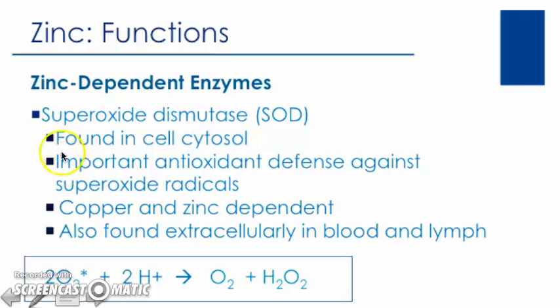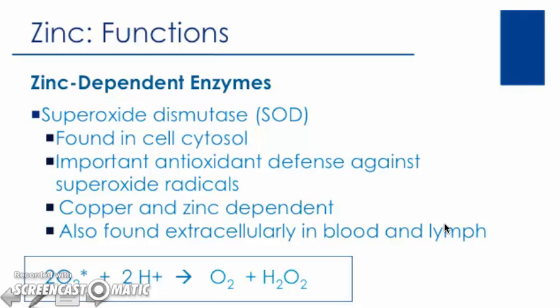And this is going to be having its activity particularly in the cytosol of cells, and also we'll see it in the blood and in the lymph. So primarily this is occurring in the cytosol, the blood, and the lymph. The manganese superoxide dismutase has its specific effect in the mitochondria.